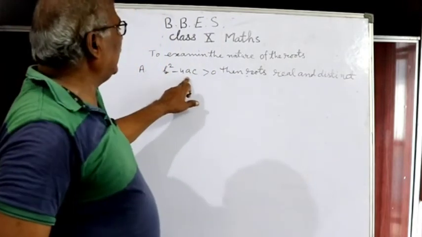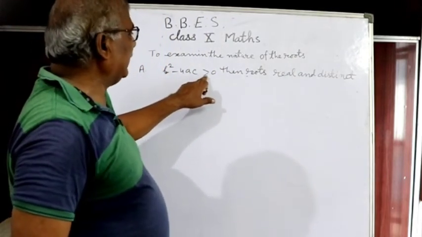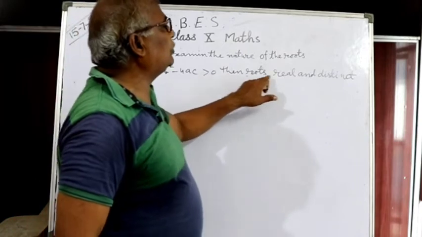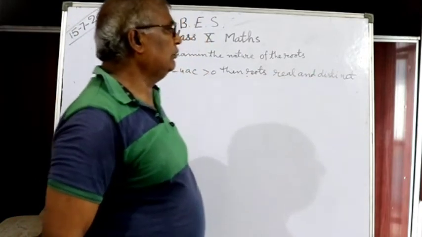If b square minus 4ac is positive, that is greater than 0, then the roots are real and distinct.